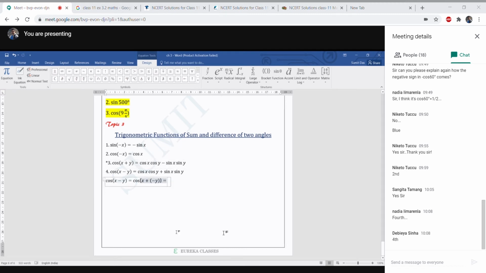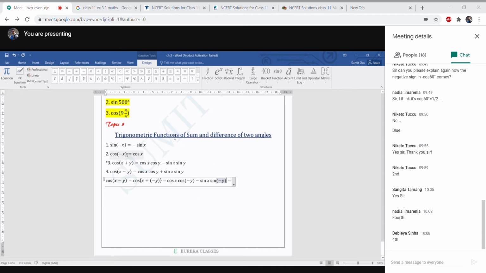If we use the formula, instead of y we have to write minus y, right? So it will be cos x into cos minus y.